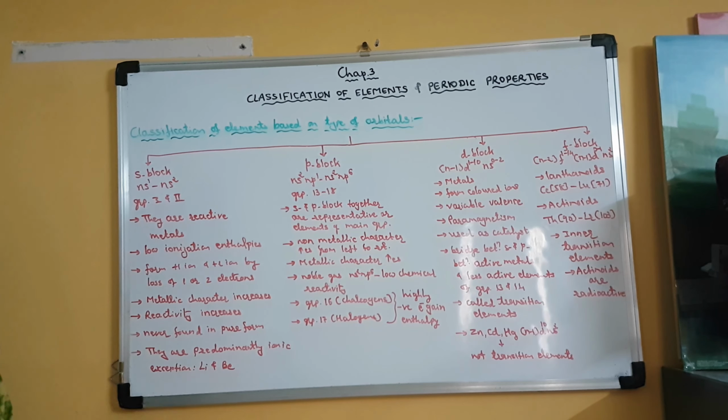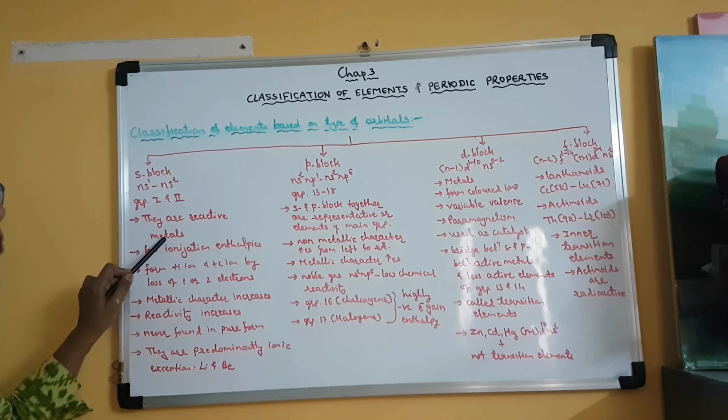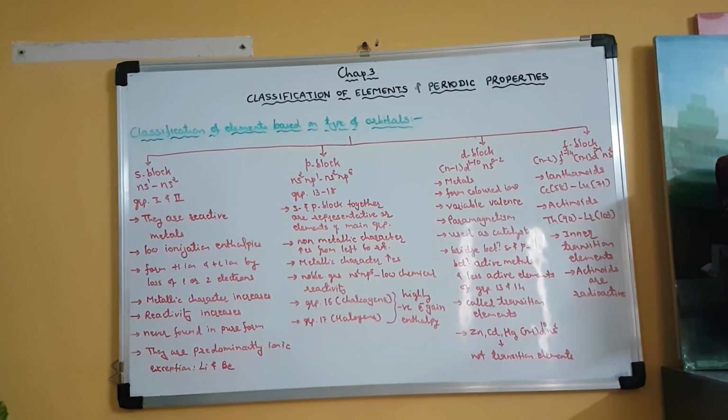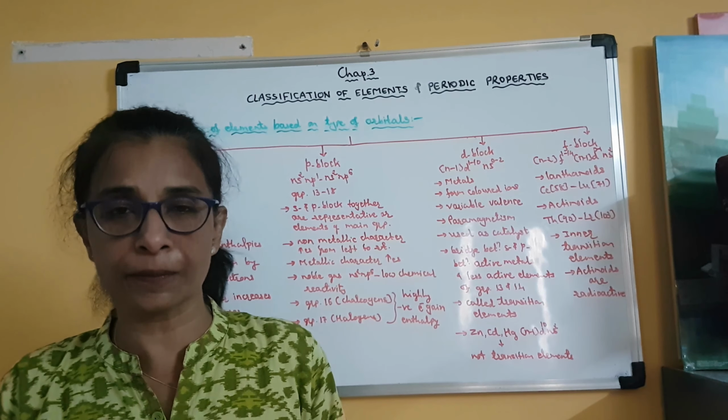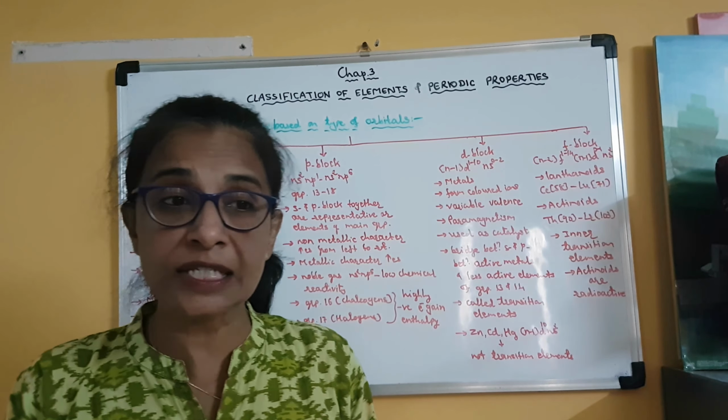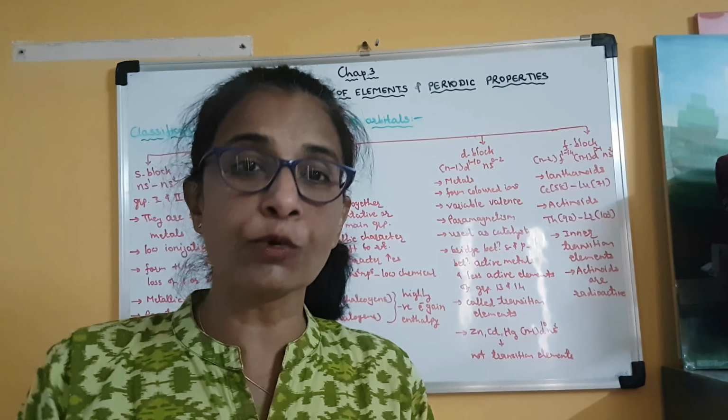In both names I have used the word metal, meaning they are all reactive metals. Clear? S block elements are all reactive metals, and if it is a metal, then obviously it has a low ionization enthalpy. Ionization enthalpy means the ability of an atom, or the energy required by an atom, to release its valence electron, to release its outermost electron.